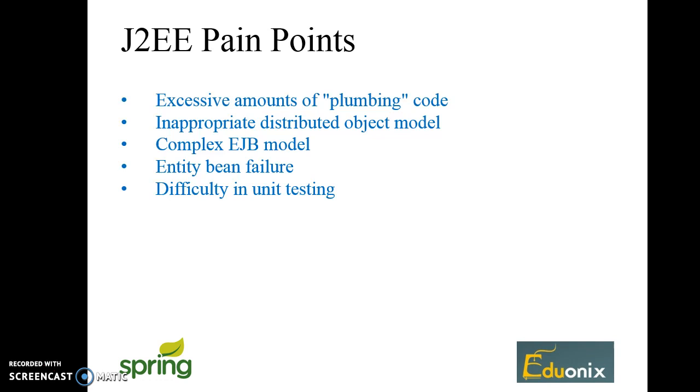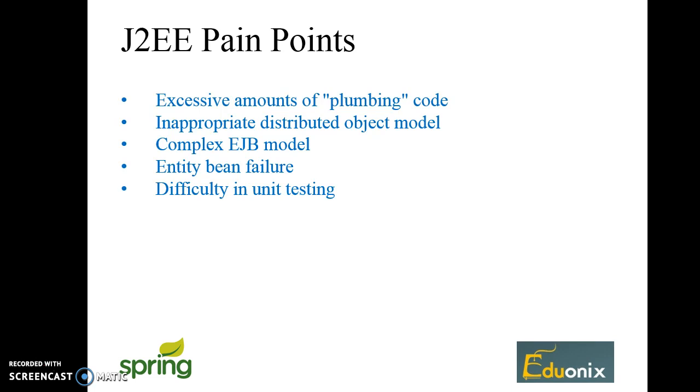The third and the fourth points are on the EJB model itself. The EJB model is a very complex model which didn't work as it was expected to. For example, the entity bean is a total failure. It reduces performance. The objective of the entity bean was to persist data as an object and facilitate object creation and persistence, avoiding the traditional raw code to insert raw data into the database.